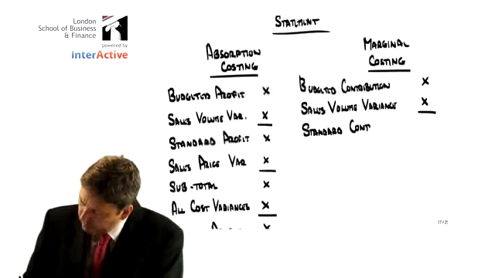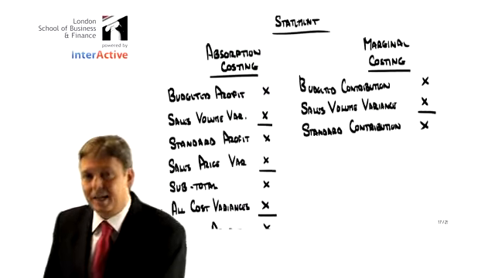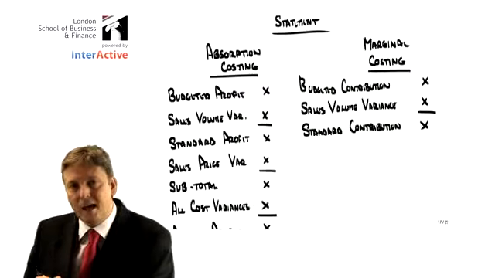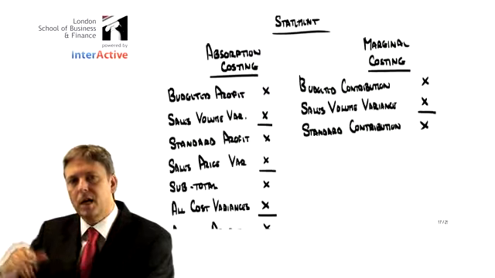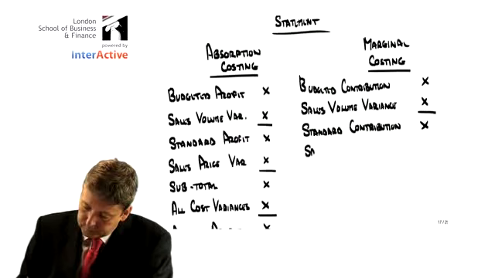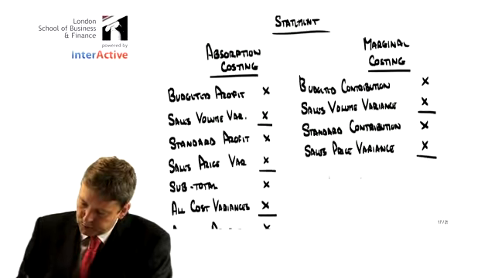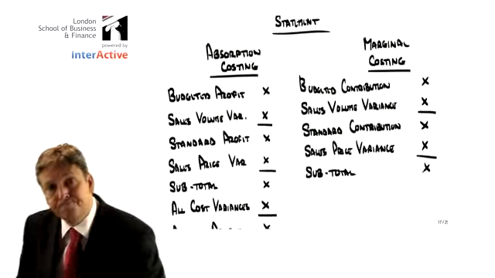If you wish, and much more successfully under marginal costing, we can say we have flexed the budget. We have taken into consideration the difference between the budgeted level of activity and the actual level of activity. Then we look at our sales price variance. We add or subtract to get to a subtotal.